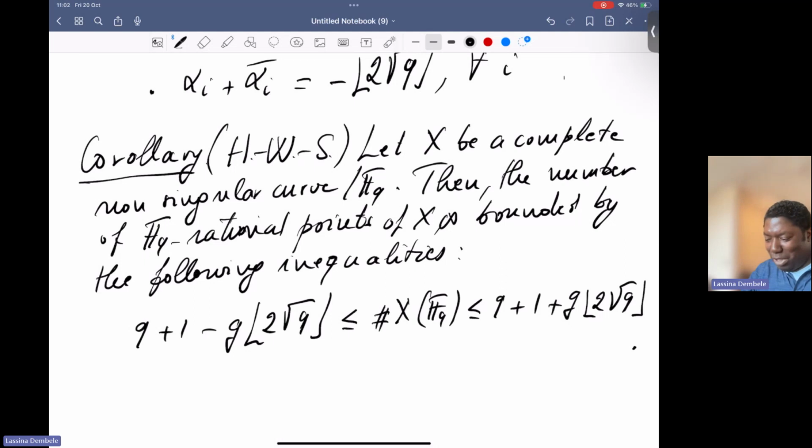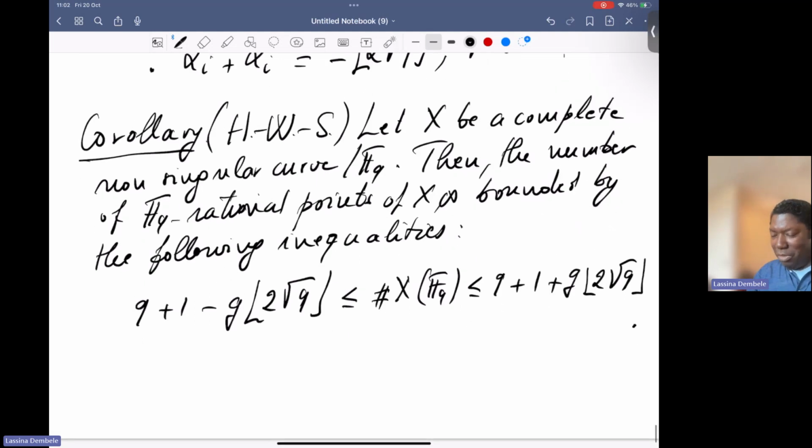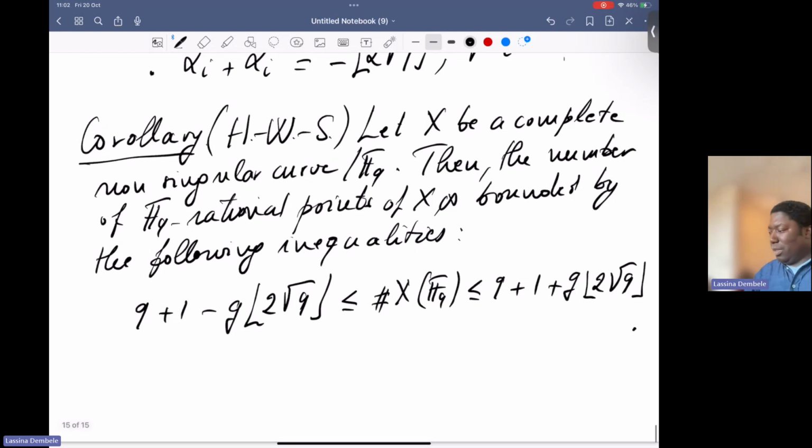So we are going to switch to Magma. For now, I'm going to stop sharing this screen and share another screen.